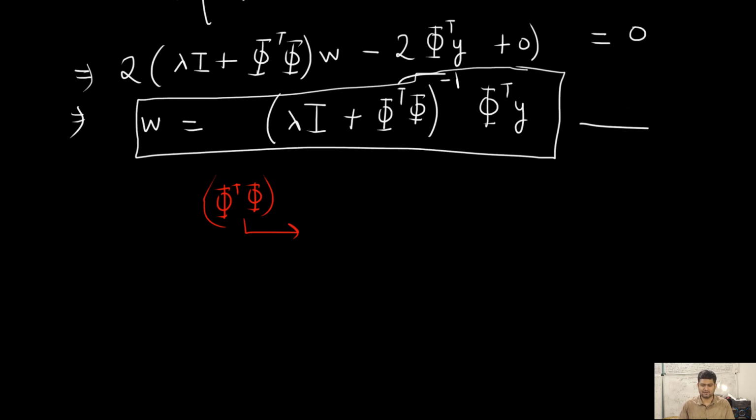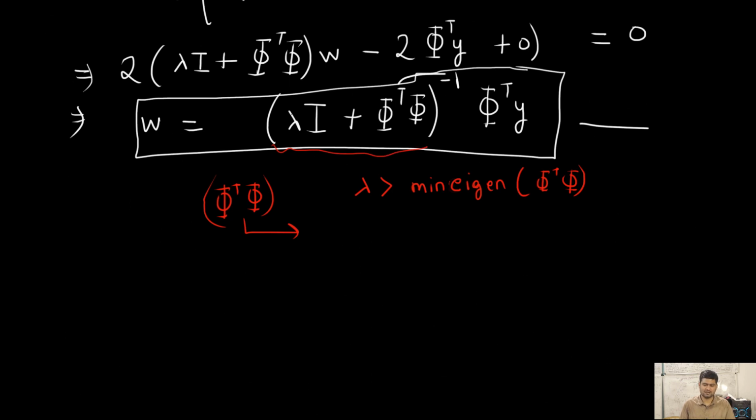In that case, if we select lambda such that lambda is greater than the minimum eigenvalue of the matrix phi transpose phi, then the resulting matrix is positive definite, and then the entire thing is invertible, right?